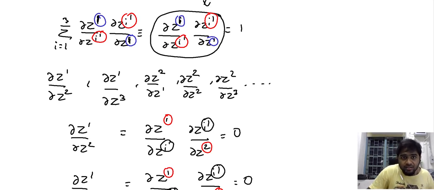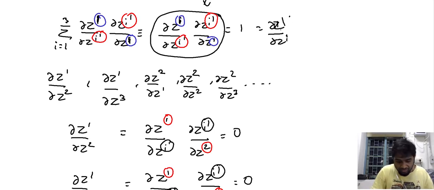So these are the characteristic features of the expression, the ones in blue, in this case of the partial derivative of z1 with respect to z1.